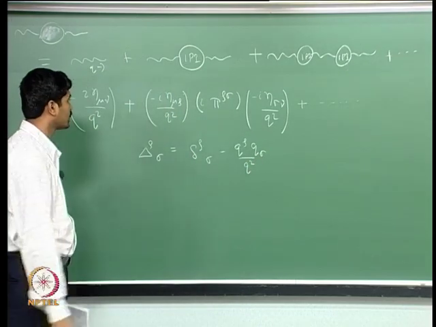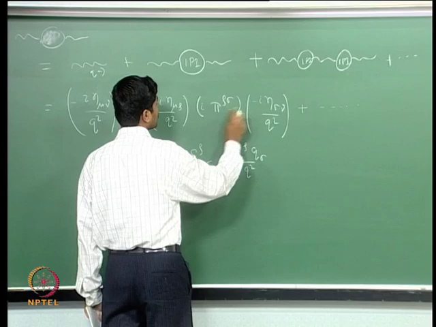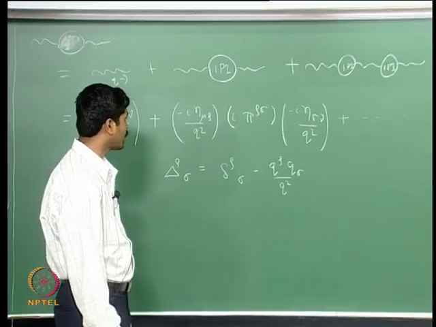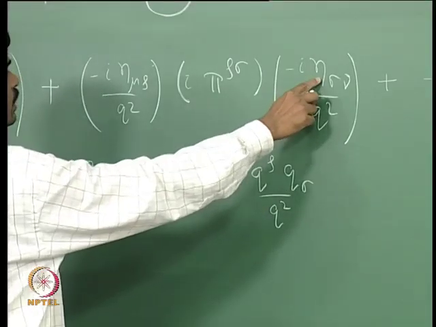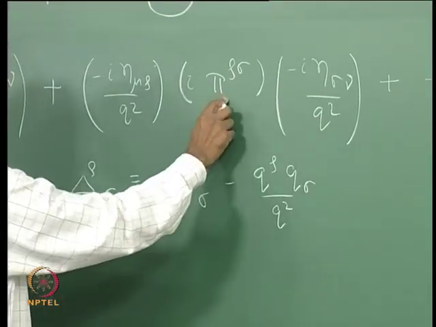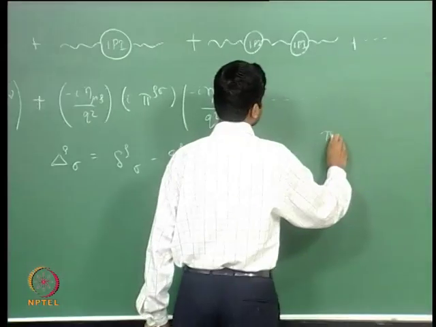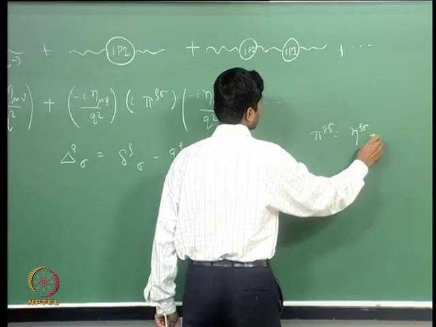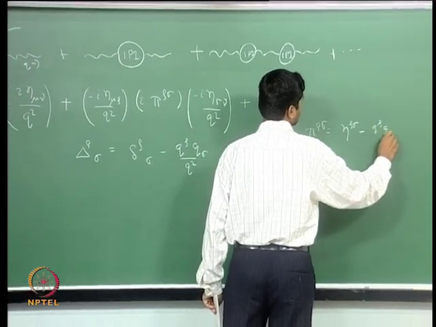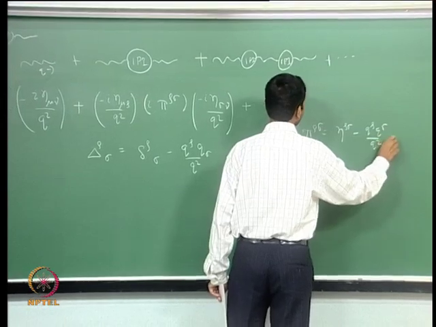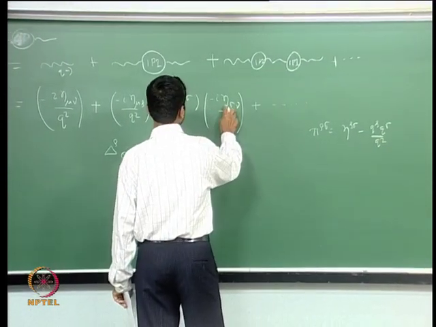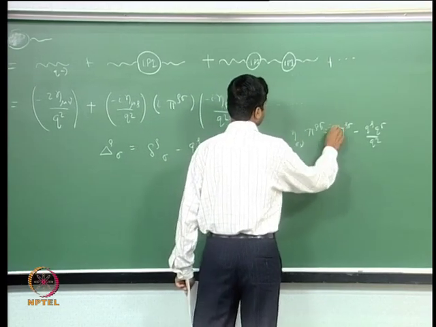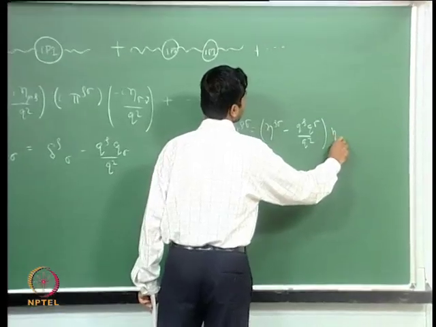Then you can see this quantity here, if I multiply this with this, then i times minus i gives me plus 1, and this here will simply be, so π_ρσ is simply η_ρσ minus q_ρ q_σ divided by q². To that I will multiply by η_σν.